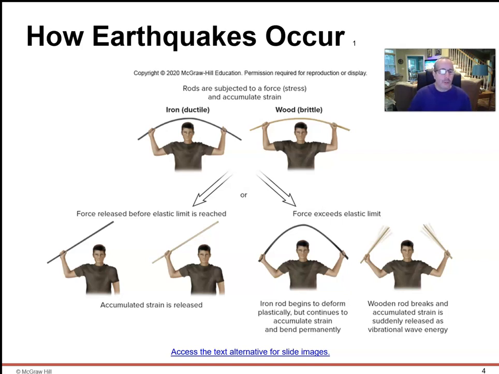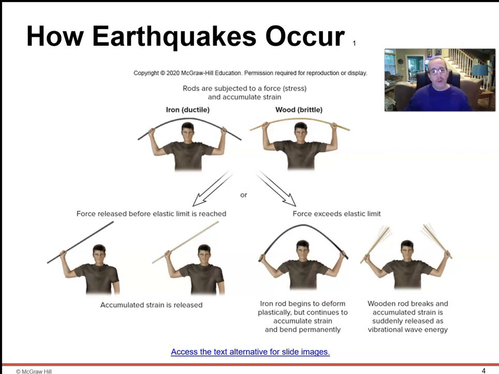The longer it goes without a release of that pressure, the stronger that force is, until eventually it pops. It breaks. And when that break happens, that's when you have an earthquake. A good analogy is the little image on the right, where he has the wood stick, and it's brittle.